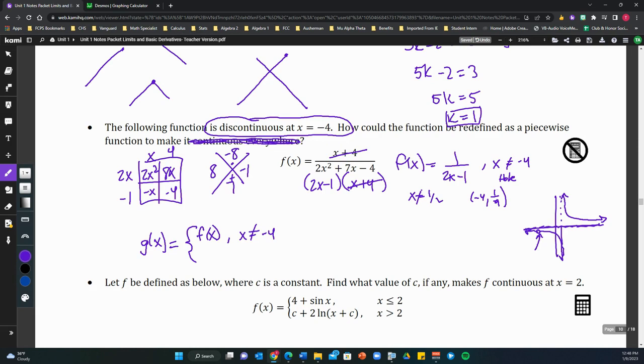But when it is equal to negative 4, we have to fill in that missing hole. That missing hole has y coordinate negative 1/9. Right now there's a missing point, but by using the piecewise version, we are able to fill in the graph at that missing point, which now makes it a continuous function everywhere except for that vertical asymptote.